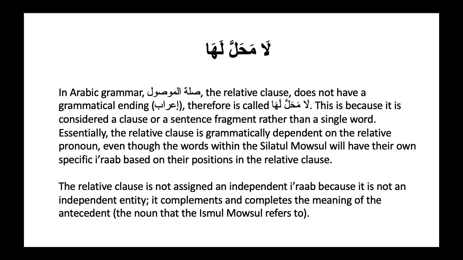Essentially, the relative clause is grammatically dependent on the relative pronoun, which is Ismul Mowsul, even though the words within the Silatul Mowsul will have their own specific i'rab based on their positions in the relative clause. The relative clause is not assigned an independent i'rab because it is not an independent entity. It complements and completes the meaning of the antecedent, the noun that the Ismul Mowsul refers to.